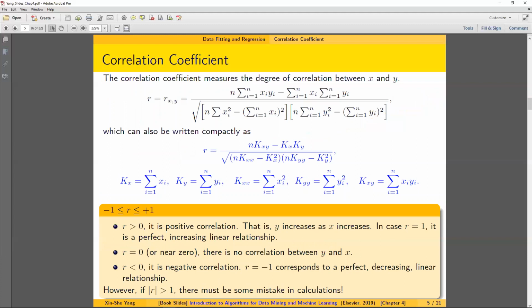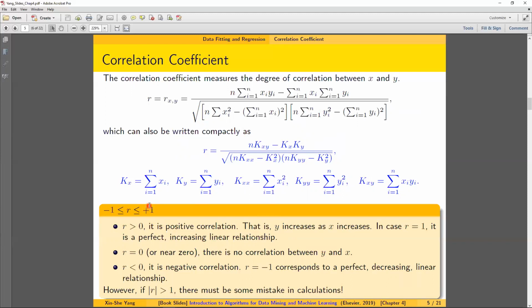The correlation coefficient measures the degree of correlation between x and y. That can be calculated this way, and it can also be written compactly in this format, which is a bunch of calculations between x and y.